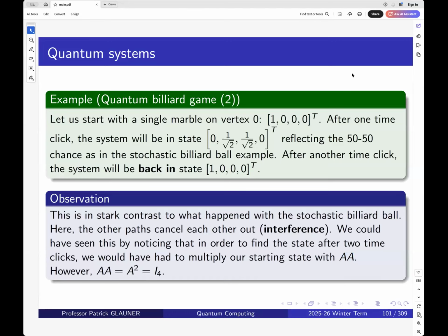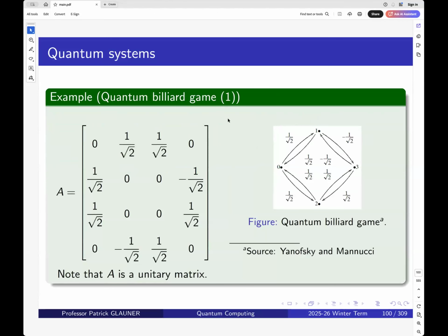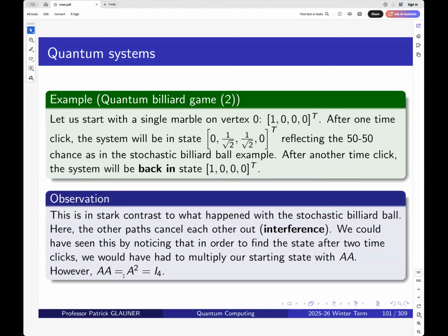So a times a, something you can try at home if you wish. And this will lead to the identity matrix. So another opportunity for extra practice if you wish. So this is the quantum billiard game.